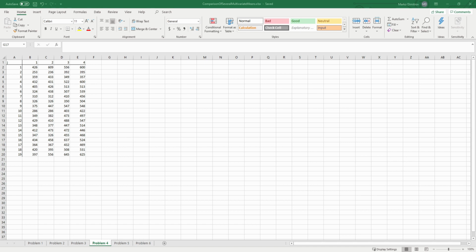So here, instead of the difference between means, we are interested in some linear combination of those means.